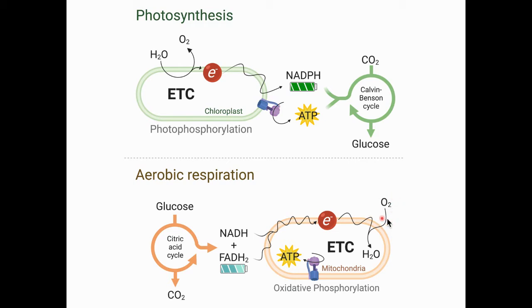By gaining electrons, oxygen combines with protons, and it will make water as the final product. During the process of the electron transport chain in mitochondria, you can make ATP by using the proton gradient that is different between the matrix and the intermembrane space of mitochondria. And this process, we call it oxidative phosphorylation.